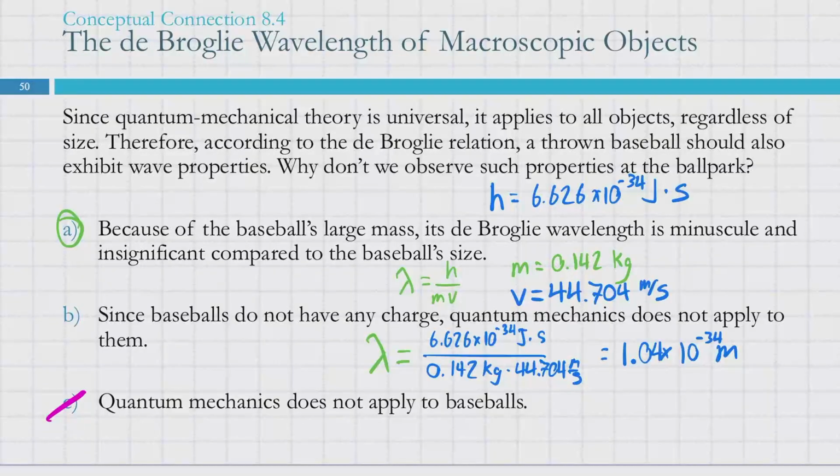So this is like nanometers. This is like smaller than electrons, I think. So it's completely inconsequential with respect to the size and the mass of the baseball. So that's why we don't see baseballs diffracting, even if they're pitched at 100 miles per hour.